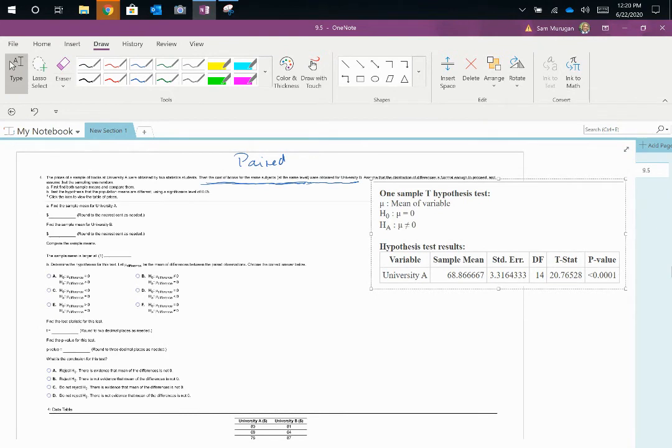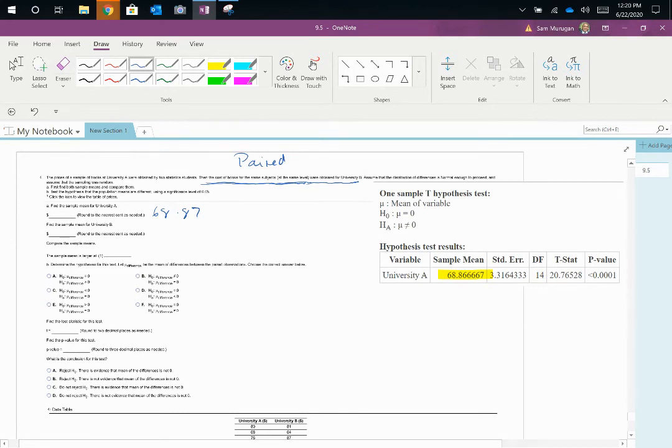So I have my sample mean for the first sample to 2 decimal places, the nearest cent, so 68.87 dollars per book.